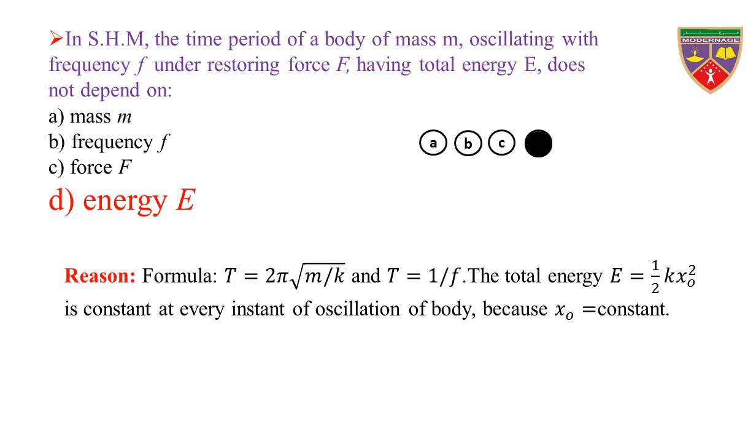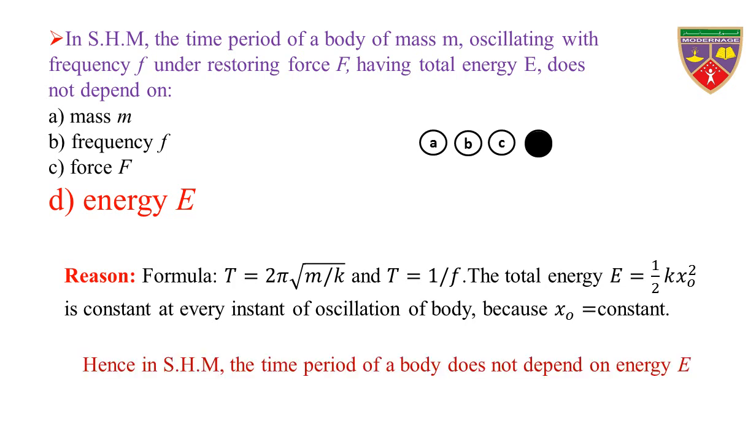The time period does not depend upon the amplitude of oscillation, because x naught is constant, k is constant. Therefore, E is constant at every instant of oscillation of the body, because x naught is constant and k is also constant. Hence, in simple harmonic motion, the time period of a body does not depend on energy E.